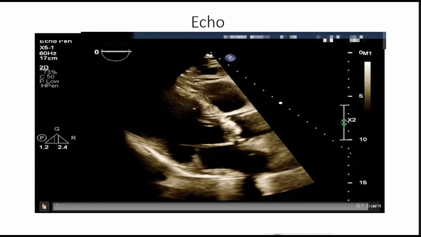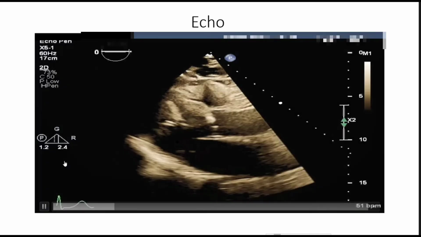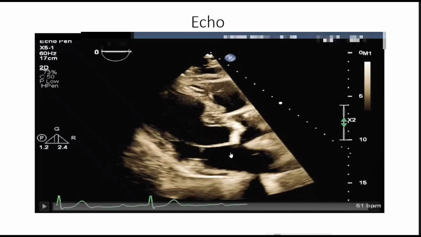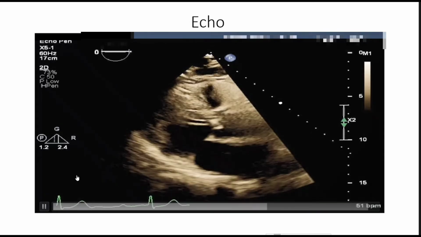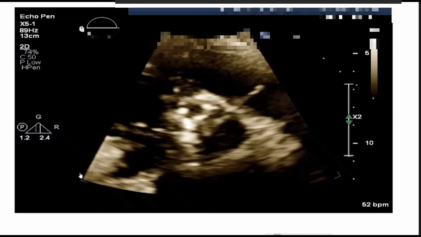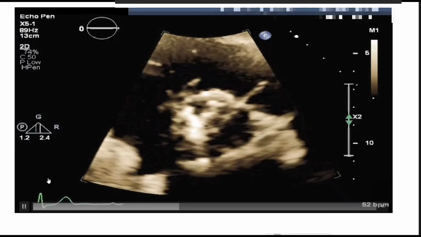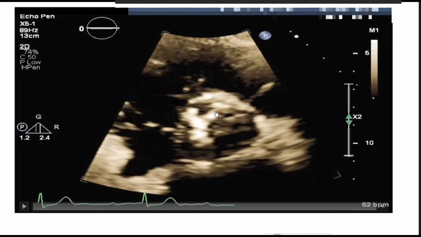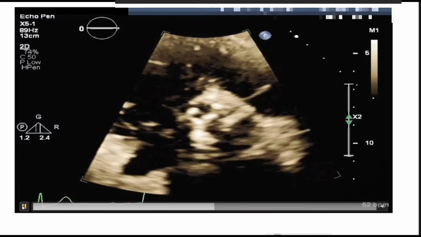This is his echo. This was done at Park City. And you can clearly see that the aortic valve is abnormal and thickened. Look at it in short axis. The right coronary cusp is predominantly involved and does not appear to be particularly mobile.